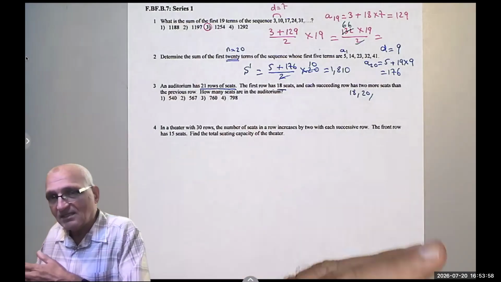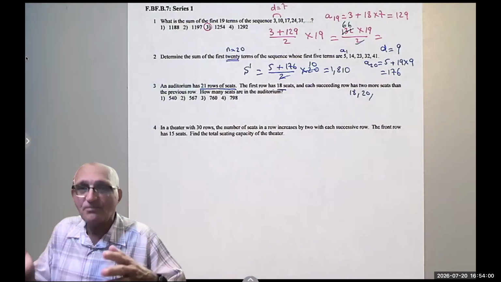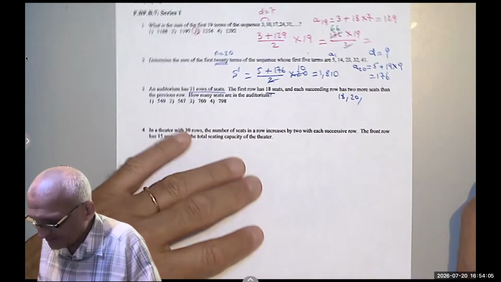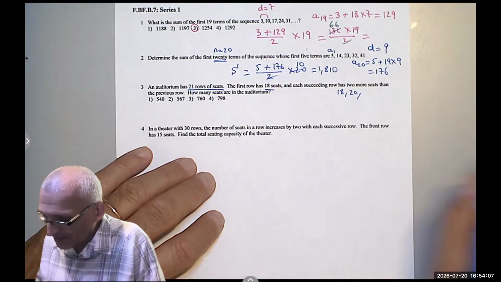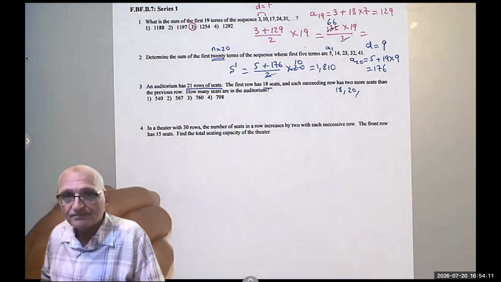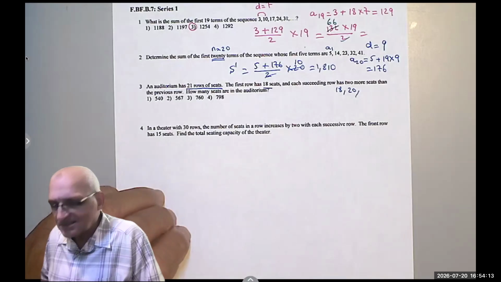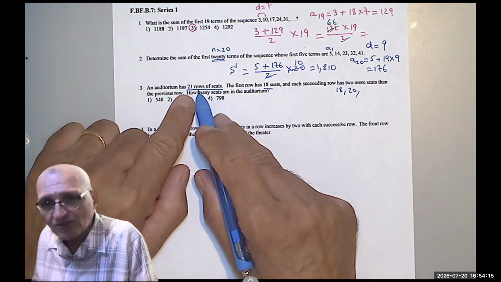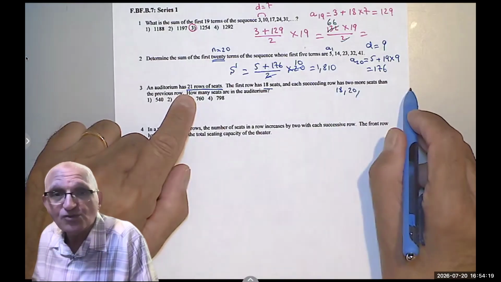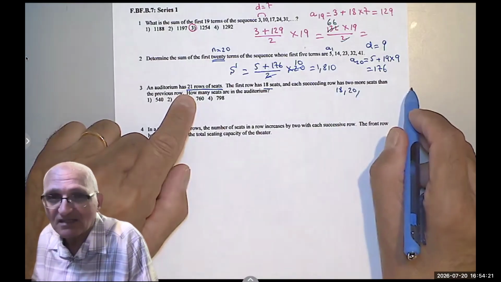A sub n equals A sub n minus 1 plus 2. So we can think of it as that. How many seats are in the auditorium? There are 21 rows. This is the first, second. So we need to find the 21st row. How many seats are there?